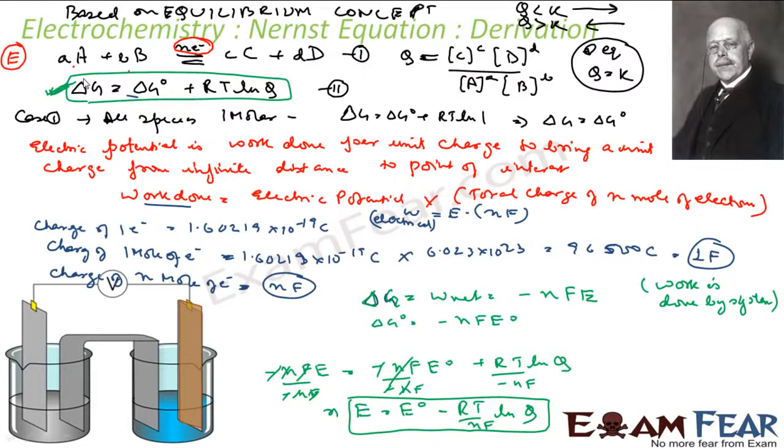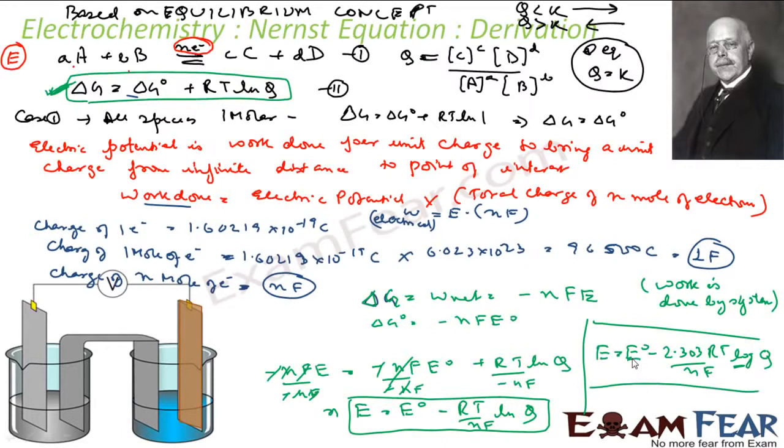Correct? And if you don't want to use ln, you can use this equation where E is E naught minus 2.303 RT by nF log Q. Why log Q? Because instead of ln, I'm using log. I know that 1 ln is nothing but 2.303 log. You can use any of these equations. So this is the derivation of the Nernst equation.